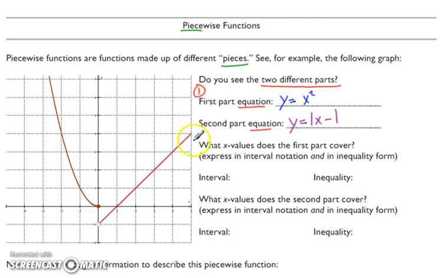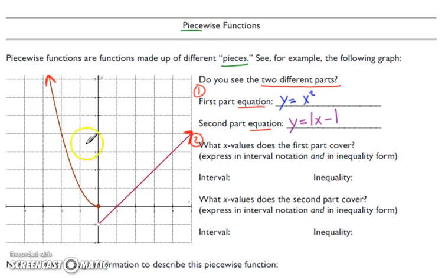Alright? Our second step says, okay, look back at each of those pieces and tell me what x values, what is the domain for each of those pieces. So for the first piece, the blue piece, I put the equation in blue, that's this half parabola here, okay. What values does that cover? We're going to assume that this line keeps going off of the graph, same thing on this side, okay.